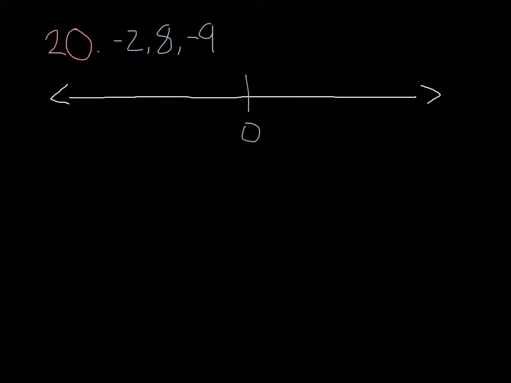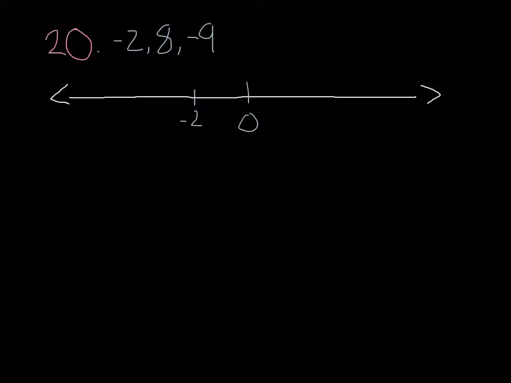Let's erase that top. I'm a perfectionist. Alright, that's 0. So then you want to graph -2, -9, and 8. So -2 is closer to 0 than -9. So we're going to just put this as -2.